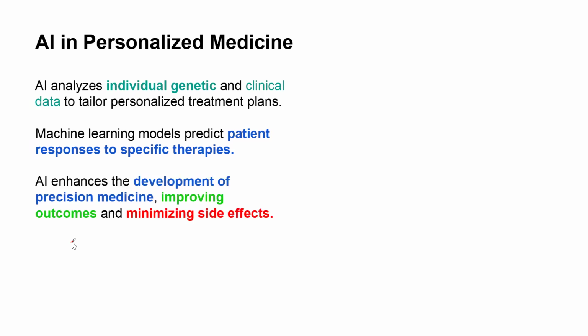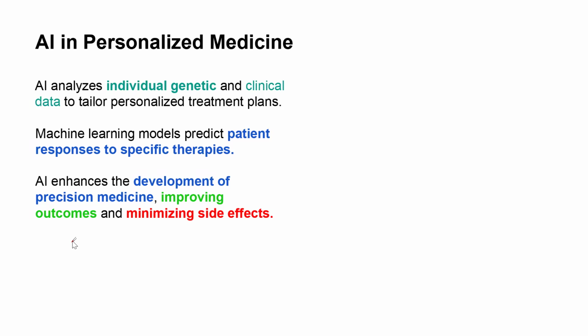AI also enhances the development of precision medicine, improving outcomes and minimizing side effects. With AI, ladies and gentlemen, it can easily help in the development of precision medicine. Whenever there is personalized medicine, of course, precision medicine is there, because with knowledge of individual genetic data, you will be able to tailor a specific treatment to one individual.